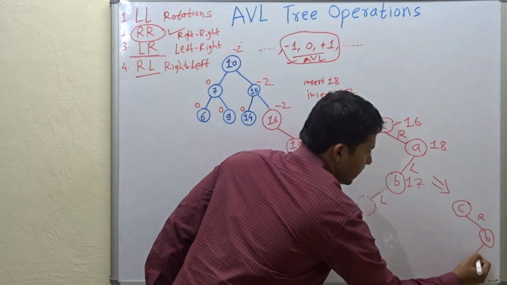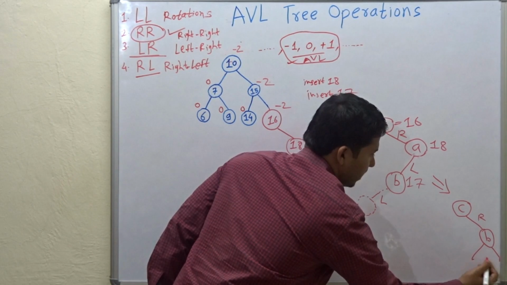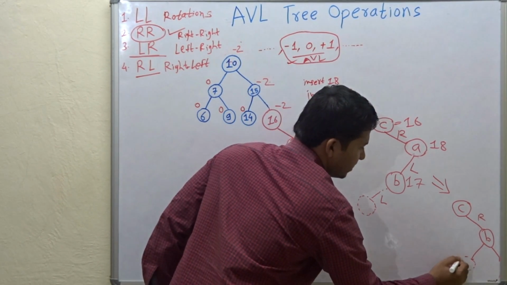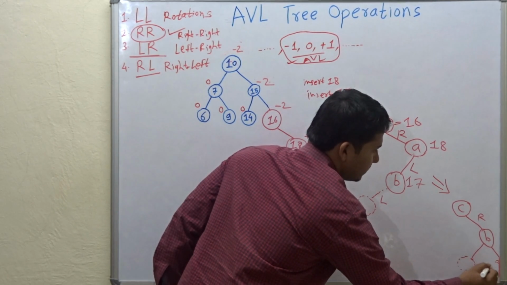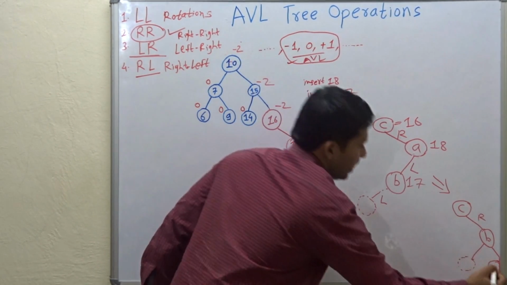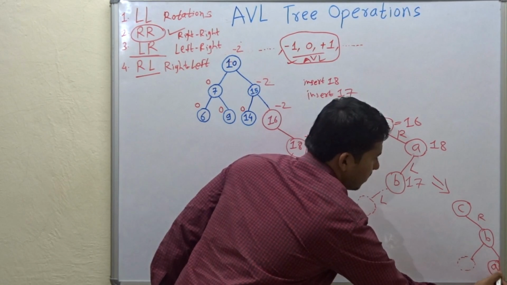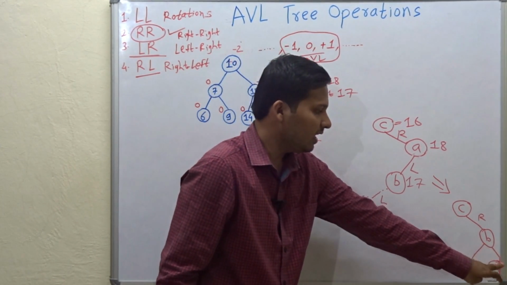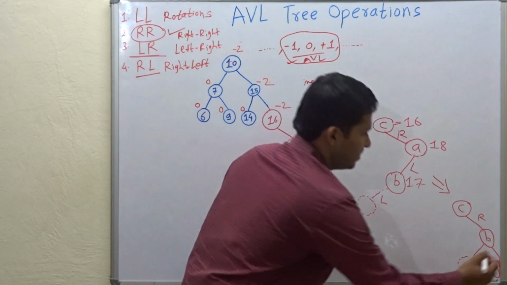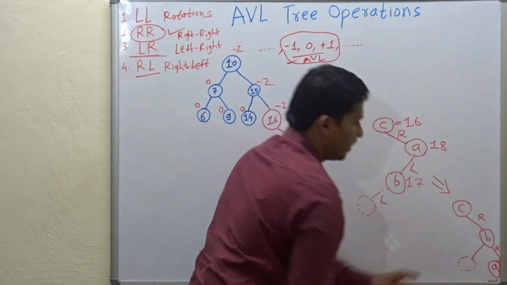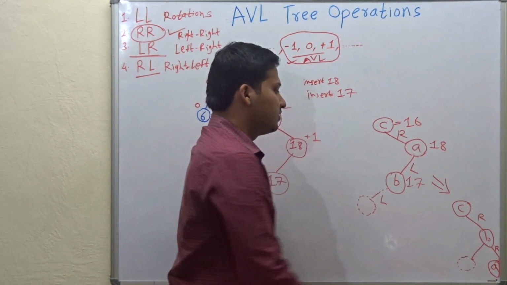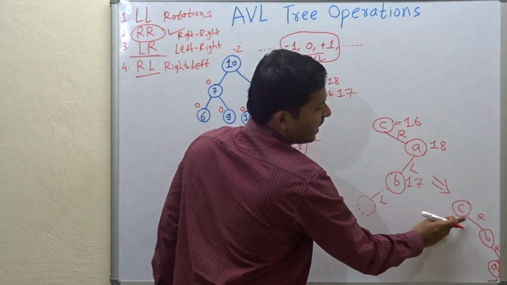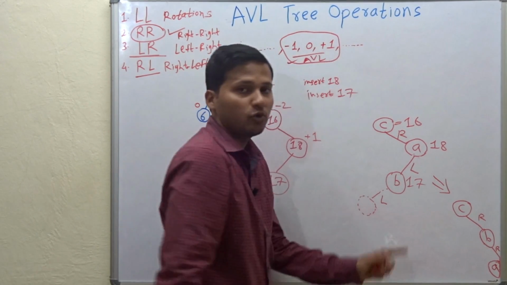So to the left of B this is an imaginary node and to the right there will be A. Okay, C, B and A. So this is a right thing. Right. So we have to now forget this imaginary node and we have to apply RR rotation.